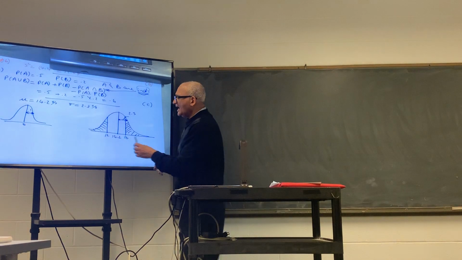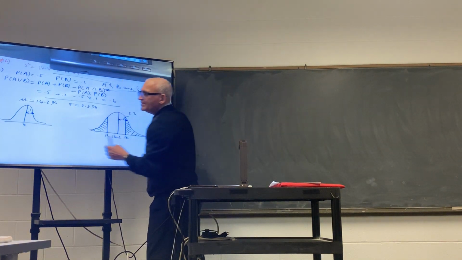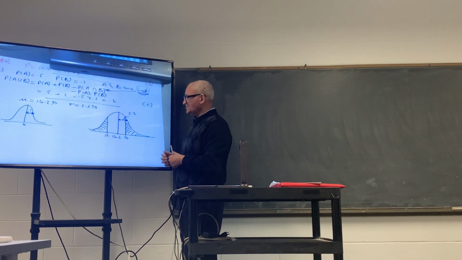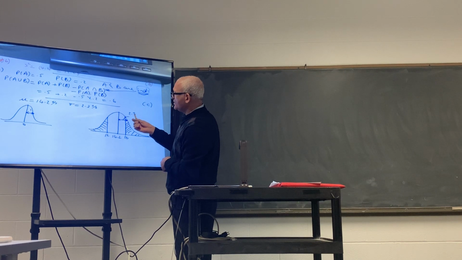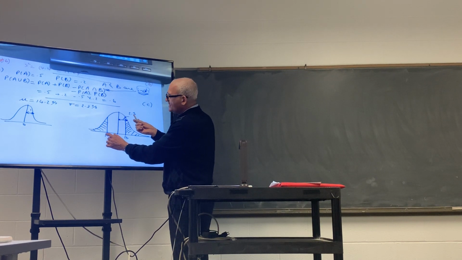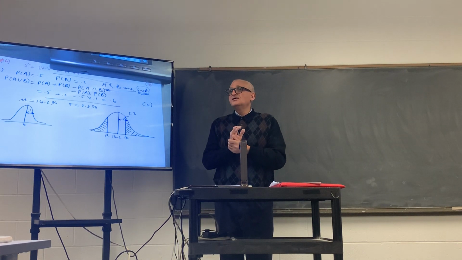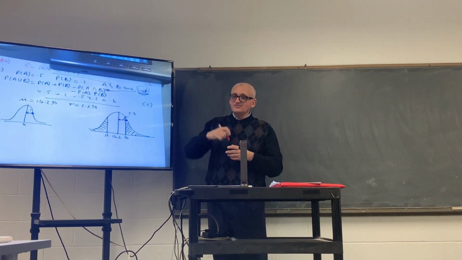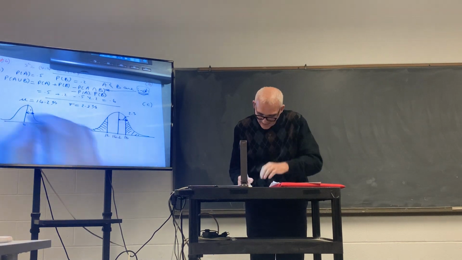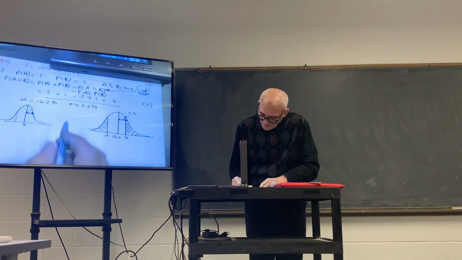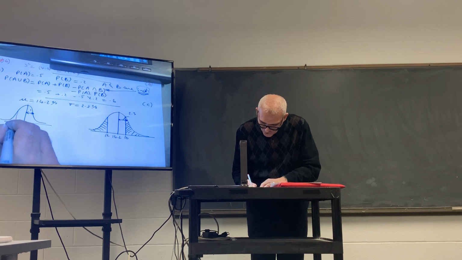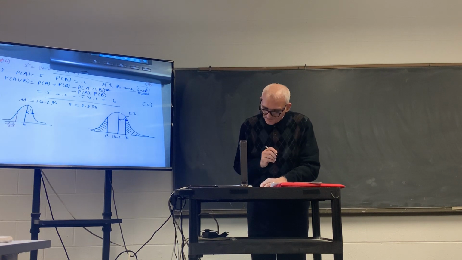So I'm saying, how many standard deviations are you below the 0? If the standard deviation is 2.3 and this is 2.2, then I am 2.2 over 2.3 steps to the left of the 0. Meaning, if I standardize that, this would be negative 2.2 over 2.3.